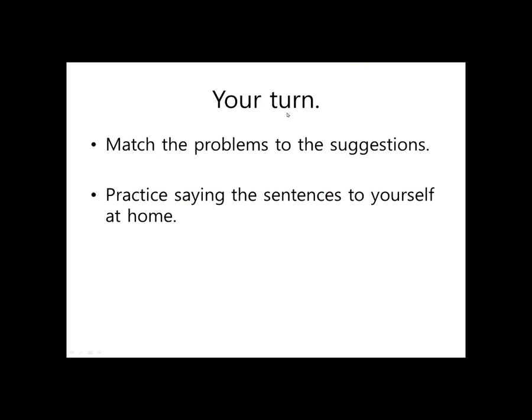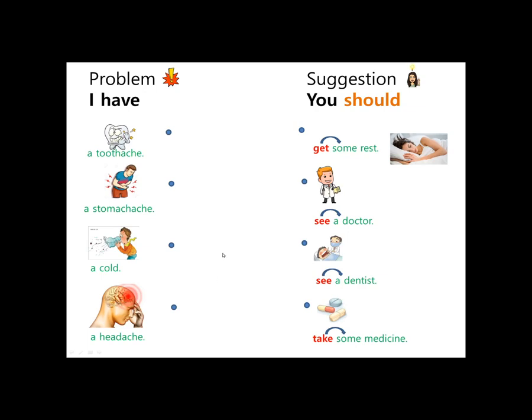Okay, it's your turn. I want you to match the problems to the suggestions. Practice saying the sentences to yourself at home. Okay, so this is some textbook language practice. Look at the problems and match each problem with a suggestion. Okay, so let's do the first one together.